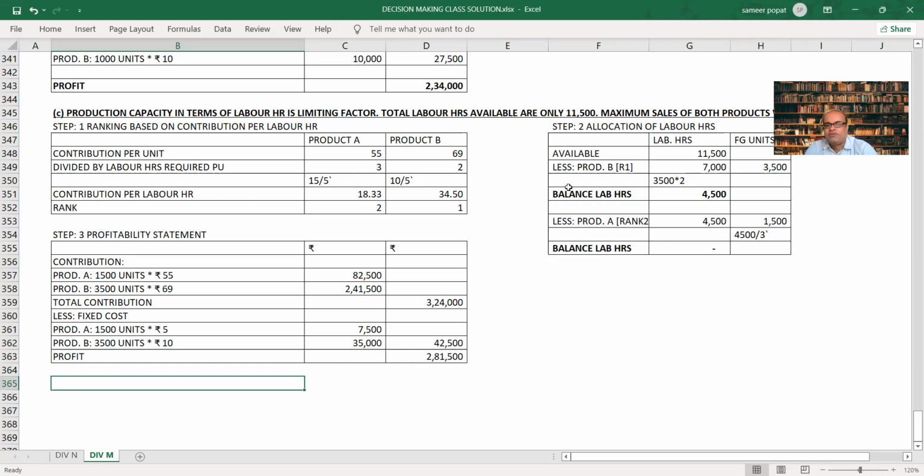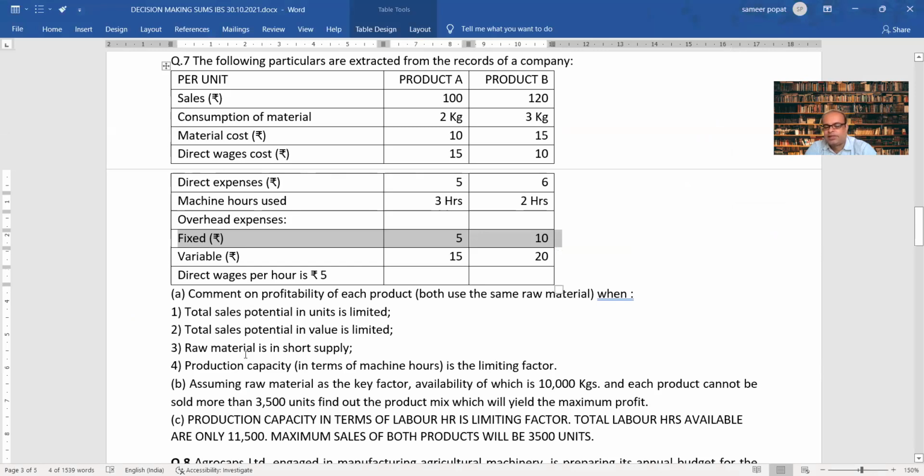Here, maximum capacity was not given for the first 4 parts, and that is why we just prepared the ranking table. It is only required to comment on the profitability of each product. We are not supposed to find the actual profit which can be earned from that product. Okay, got it.